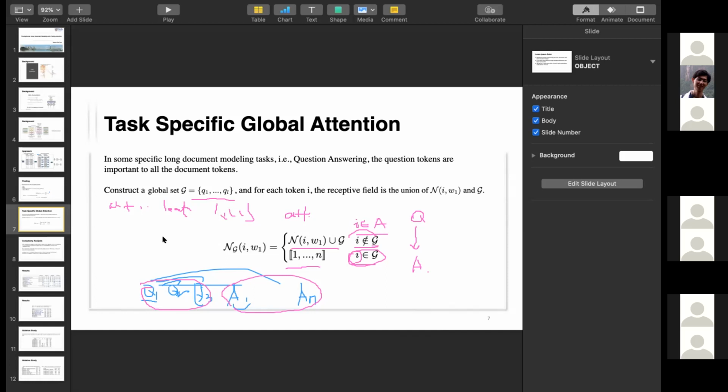So there are some irrelevant sentences in the document, and the model is going to choose a span in the document that correctly answers the question.